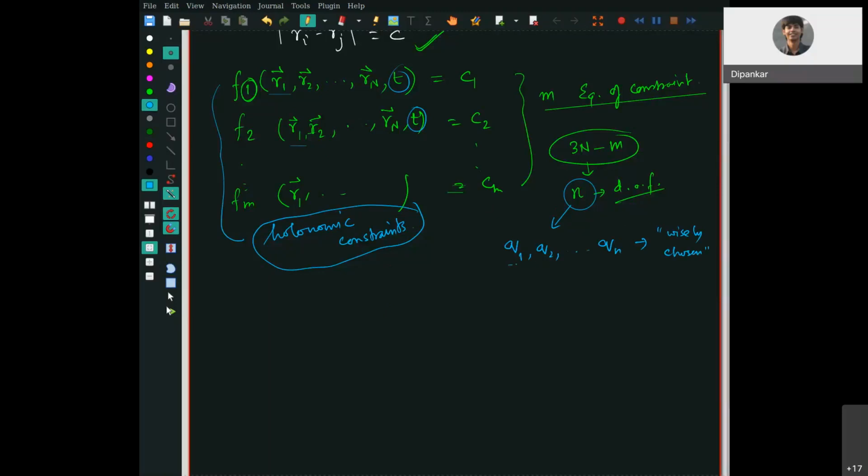This doesn't fall from a tree. I can choose this n number of free things here, and I can express all these R1, R2: R1 equals a function of Q1, Q2, up to Qn, and in general t also.